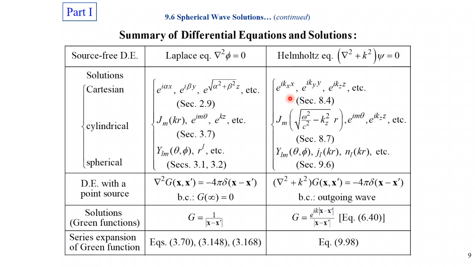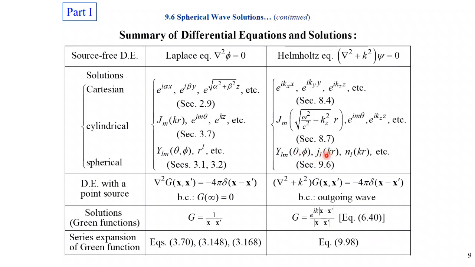If we consider cylindrical coordinates, we have a Bessel function, exponential i m theta or i m phi, and exponential i kz times z. For spherical coordinates, we have Y_lm of theta and phi, that's for the theta and phi dependence.